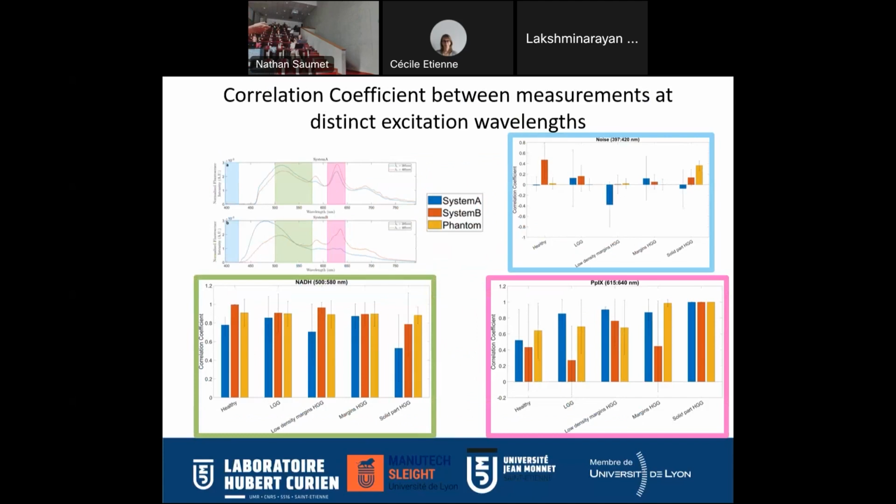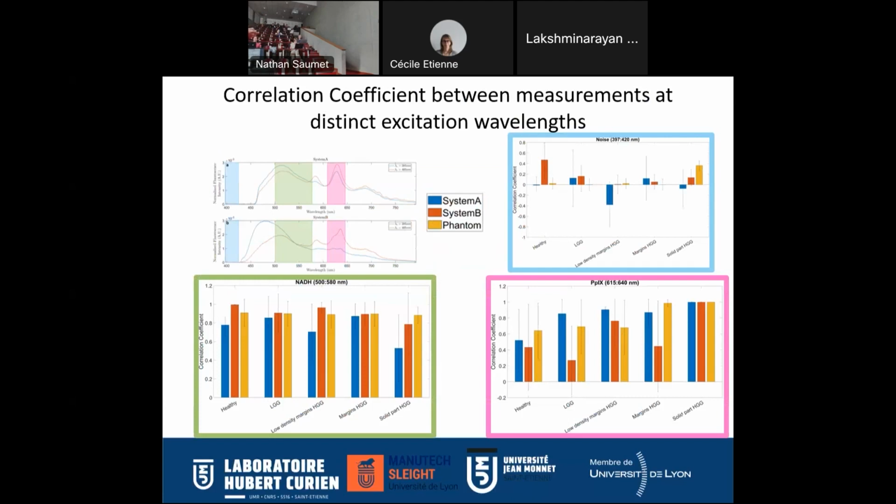Thus, we did it. Here we compared the yellow bars, related to the numerical phantom we used for simulated glioma, with the measurements done with system B, so with laser diode excitation of the fluorescence, and then with the blue bars, which correspond to the measurements acquired with the LED excitation of the fluorescence.